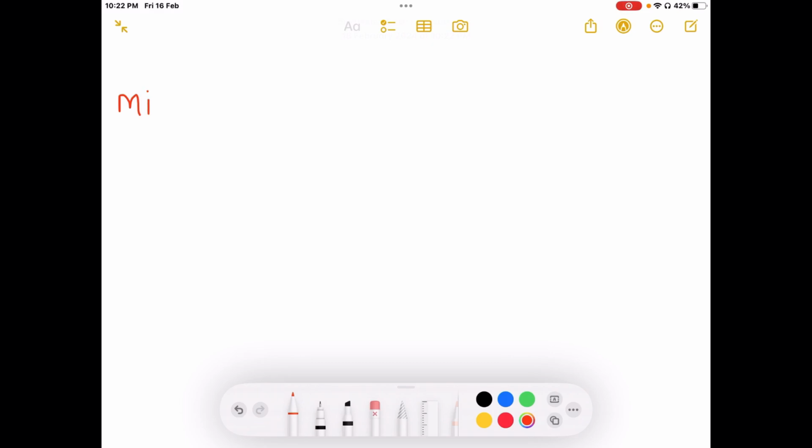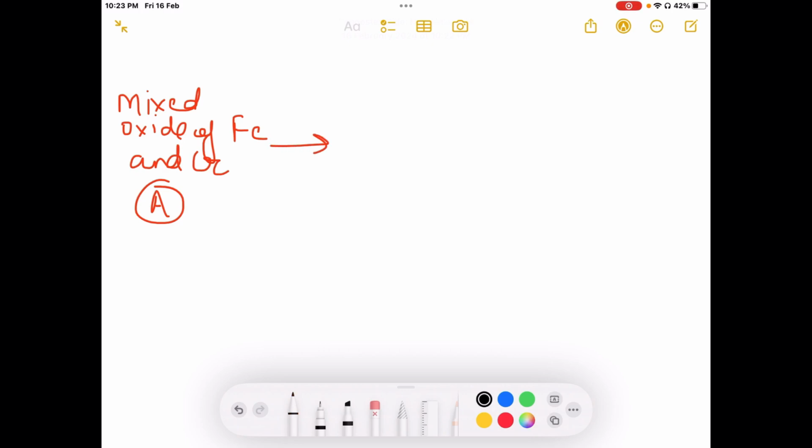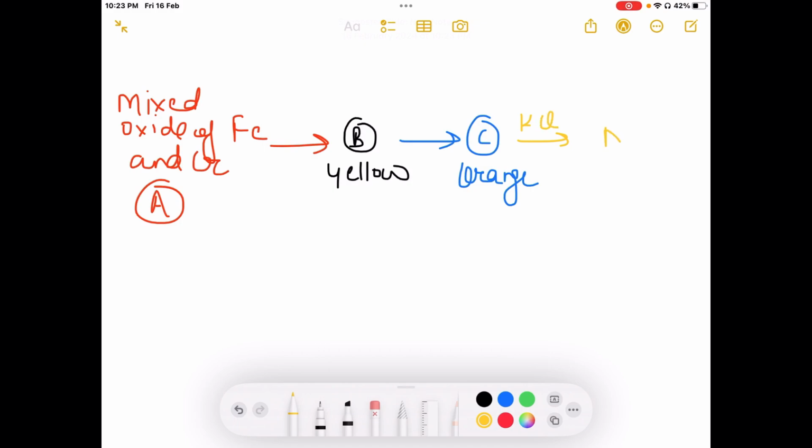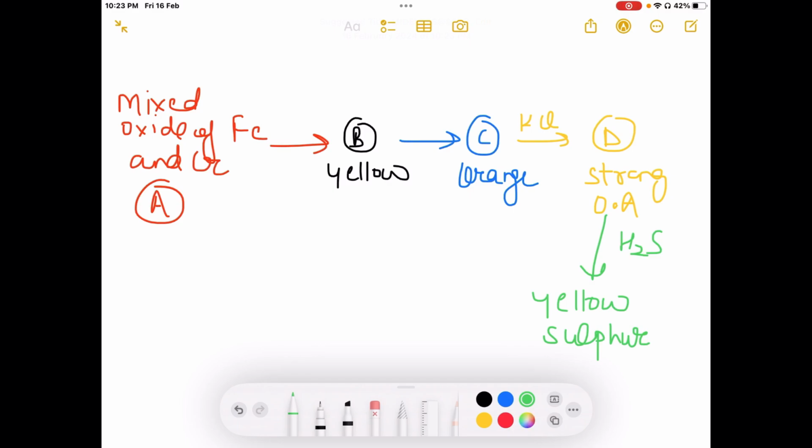A mixed oxide of iron and chromium, A, in the presence of alkali and oxygen, air, changes to a yellow colored compound B. This yellow colored compound on acidification changes to an orange colored compound C, and this orange colored compound with KCl produces another orange colored compound D, which is a strong oxidizing agent, and this D on reaction with H2S produces yellow colored sulfur.